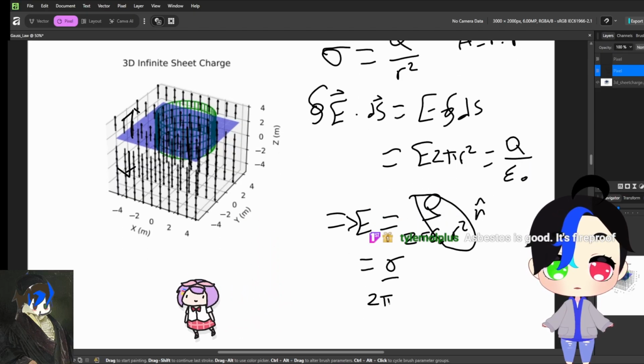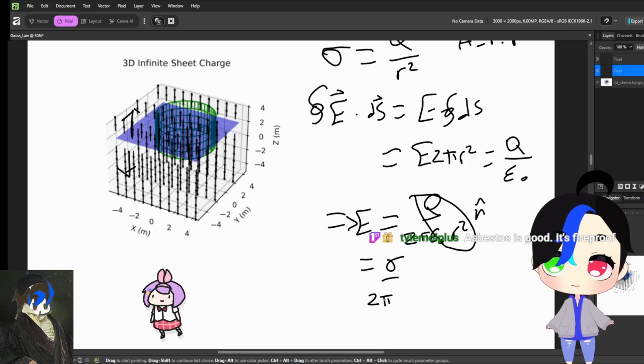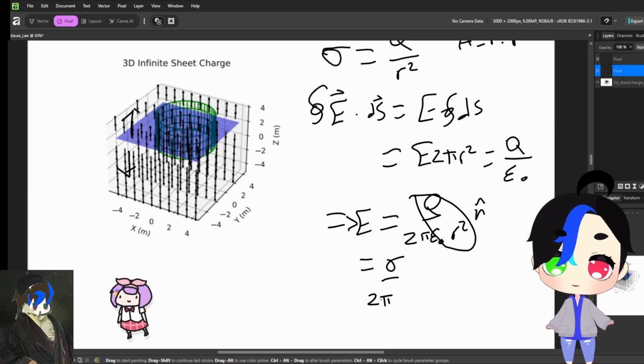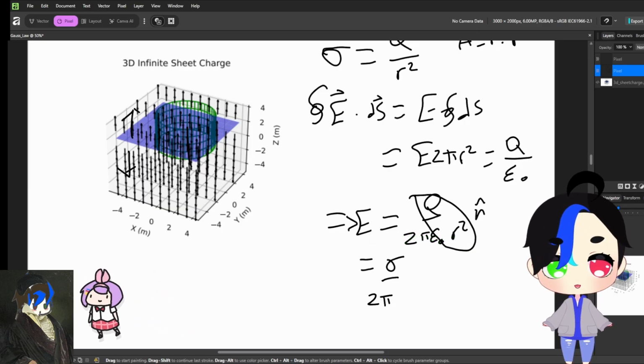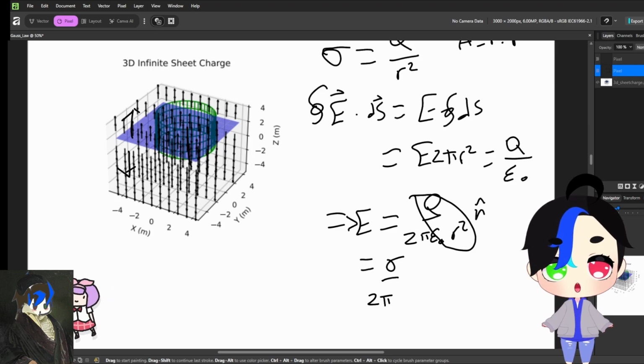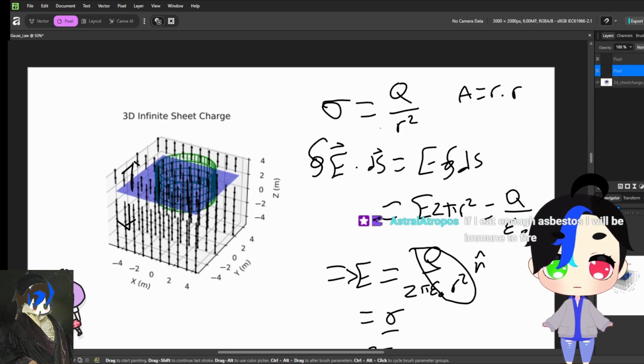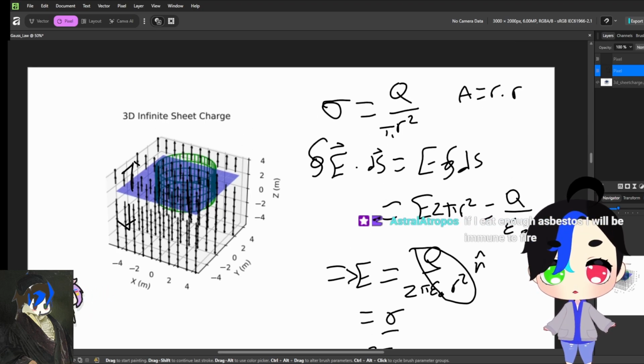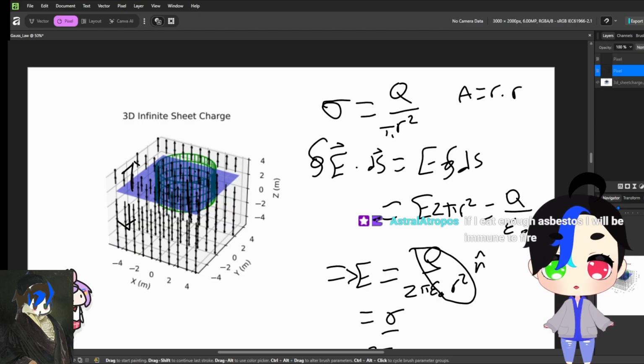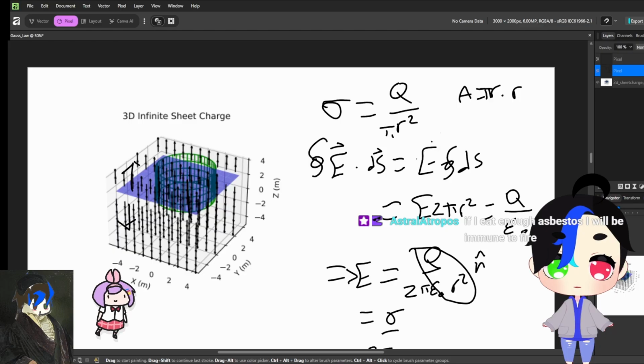So this just becomes sigma over 2 pi. Wait, hang on. Sorry. You want the pi in here because our surface was an arbitrary circle, so you want the pi in here.